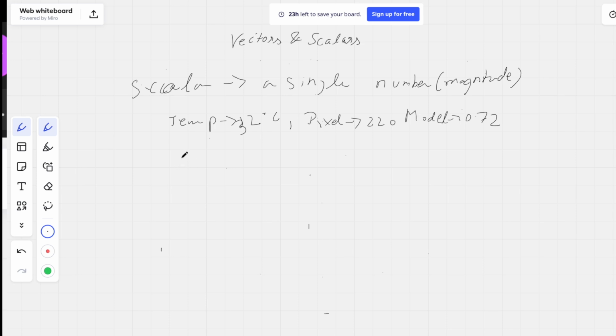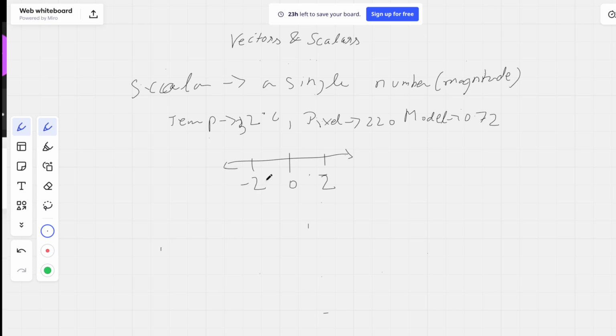A scalar is a single value. It tells how much but not where. It could represent temperature, pixel, or model weight. Pixel intensity is basically brightness. A scalar can be both positive, as in here, or negative.